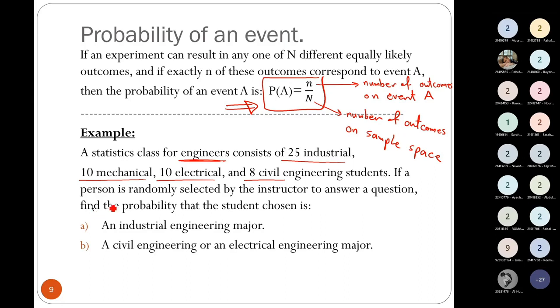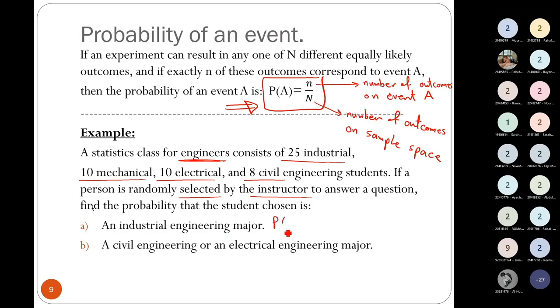If a person is randomly selected, only one person by an instructor, meaning a tutor or doctor, to answer a question, find the probability that the student chosen is an industrial engineering major.